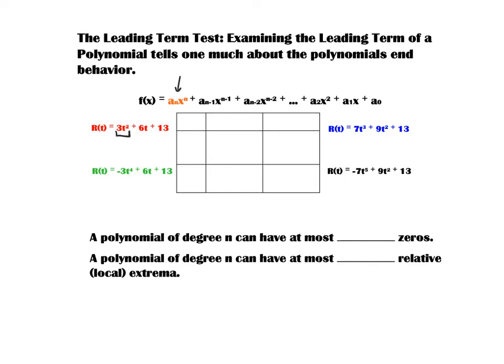In the green function, I've got negative 3t to the fourth. In the blue function, 7t cubed. And in the black function, negative 7t to the fifth. Now, each of those functions has a very unique situation going on with it.